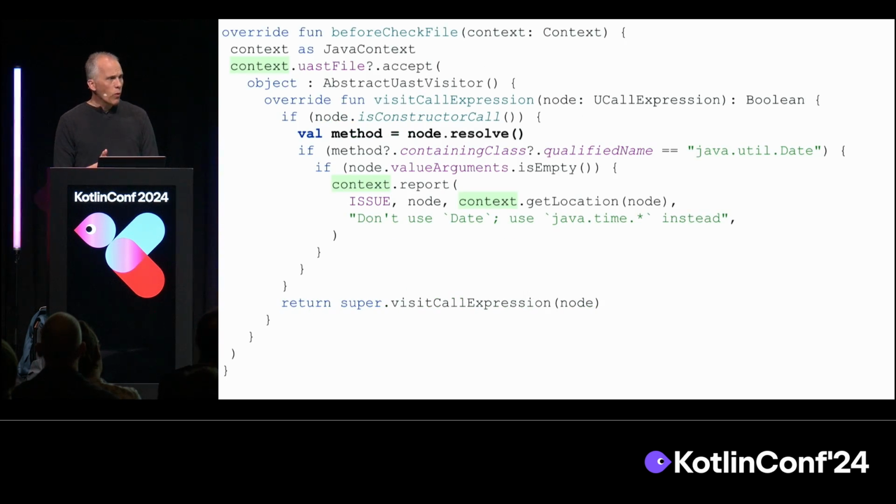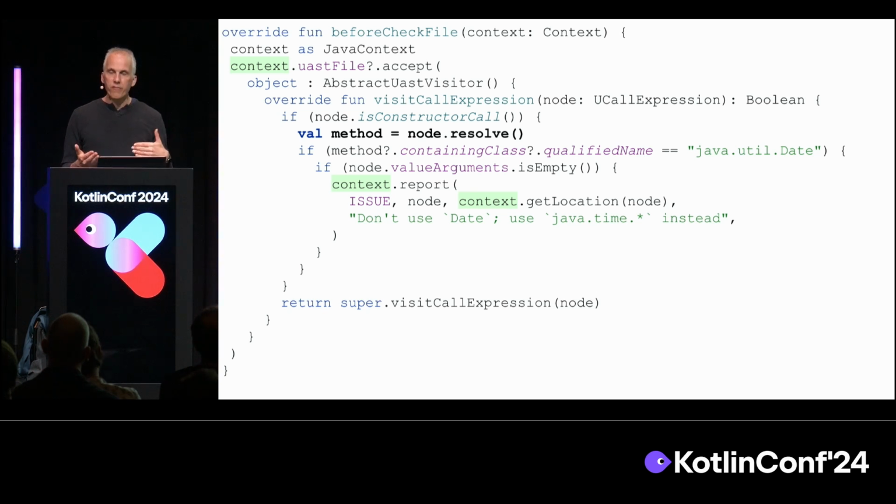All right. By the way, one of the superpowers of UAST is the ability to resolve. So for a call, figure out which method, possibly overloaded, is being called. So in our slow implementation, we took each constructor call and resolved it to see which constructor is called and then which class is inside. So resolving works for a number of element types in the UAST, methods, references, and more.